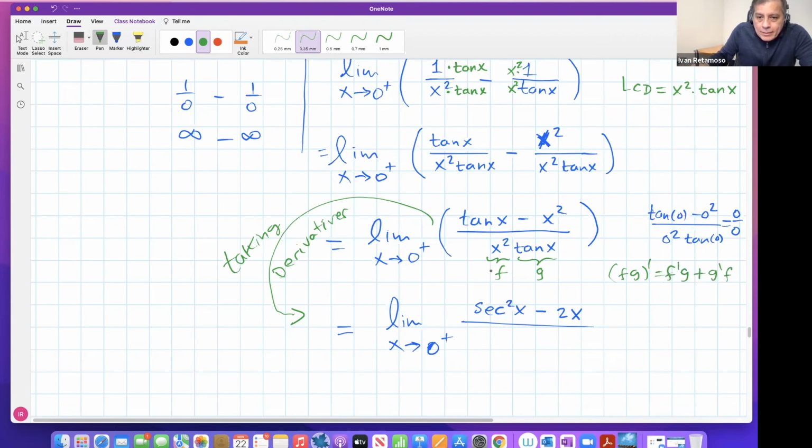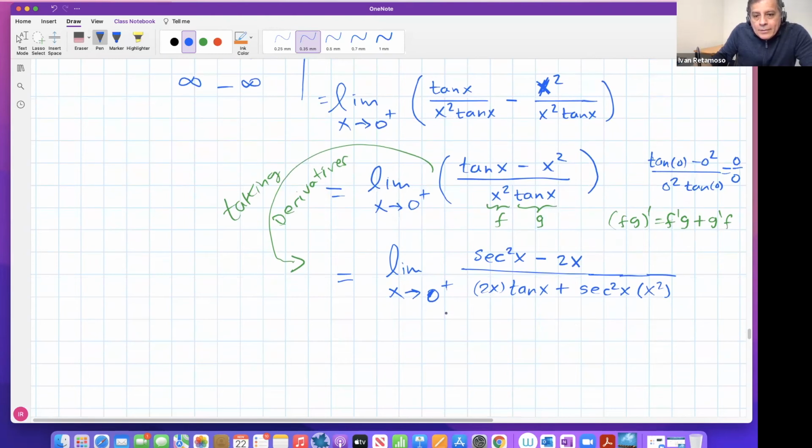So the derivative of f, start with that, twice x, times g, tangent of x, plus the derivative of g, the derivative of tangent is secant squared of x, times f, x squared. And now substitute 0, and you will see that this will give us some meaningful number.